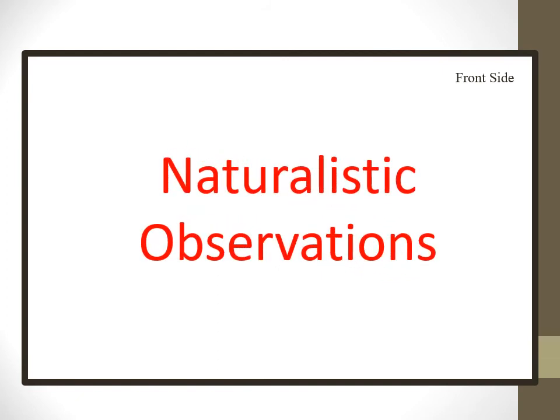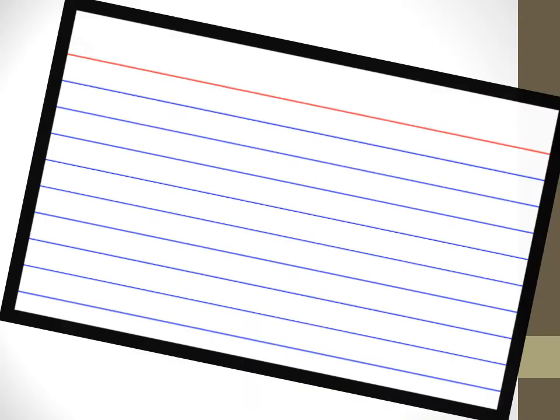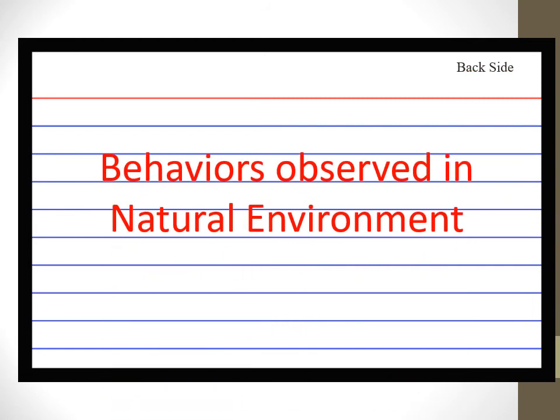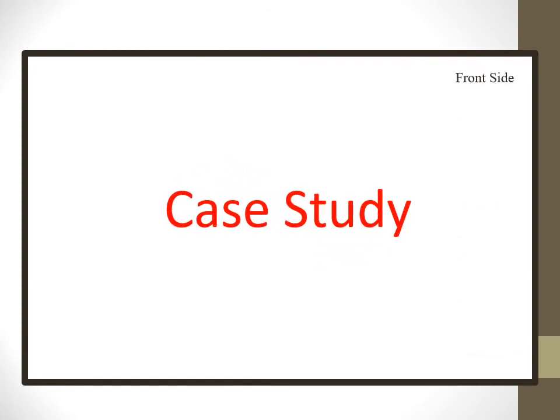All right, get out another index card, and on the front side, we are going to write naturalistic observations. Once that card is flipped over on the back side, we are going to write behaviors observed in natural environment. On the next index card on the front side, we are going to write case study.